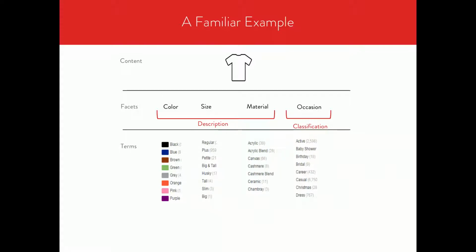Those are all sort of descriptive attributes. Your shirt might be black, blue, whatever. They also have, what I found interesting, a facet for occasion, when you might wear this article of clothing. And that is a true classification kind of facet, because you're making a judgment about it. You're not just observing something, you're bringing some experience or knowledge or context to it that says this is the right occasion for this.